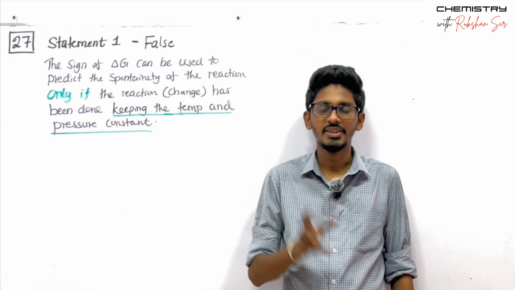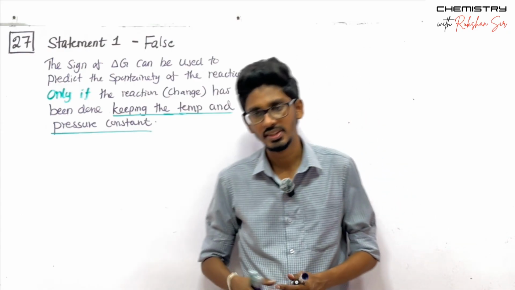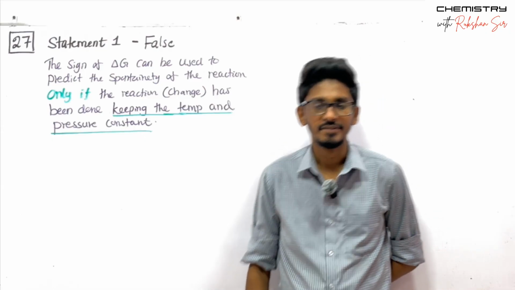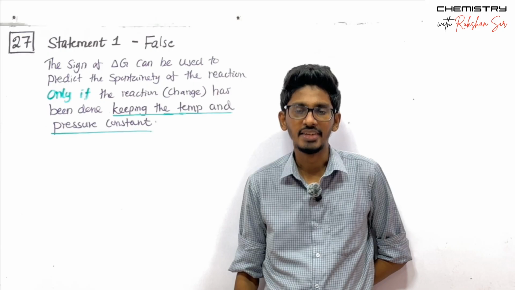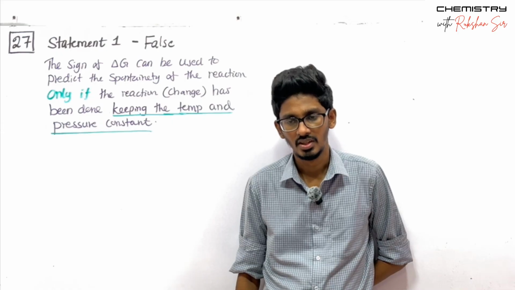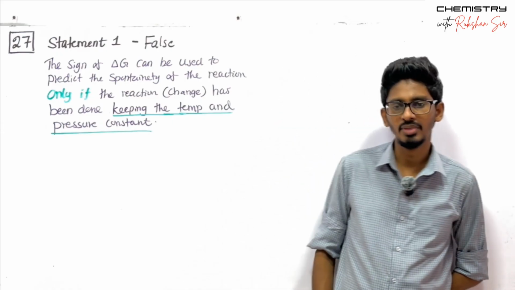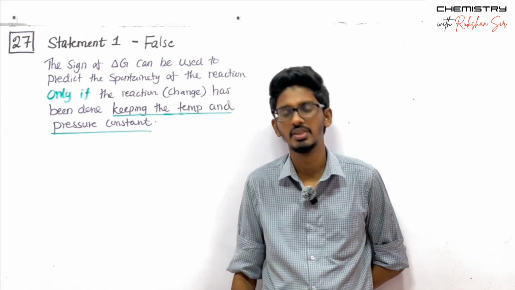Only then can we say that delta G is negative. If not, we can't comment. We don't know.